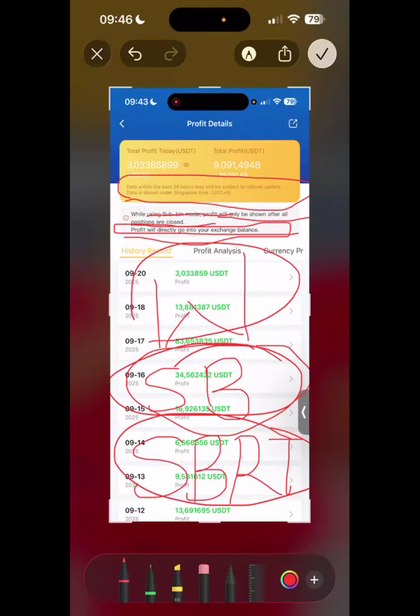Why? Because on the sub-bin mode, it uses the profit to draw the average price closer to the current price so the trade can close faster. It's only the 0 to the fourth margin call that will sell off completely, then you'll be able to get your profit. So that is why RoyalQ is informing us over here.